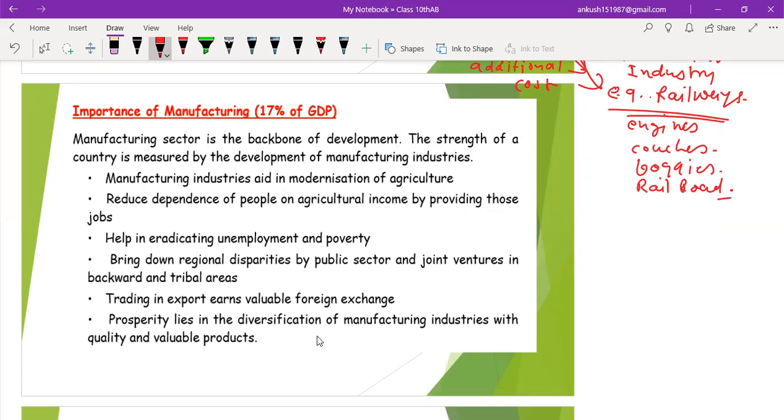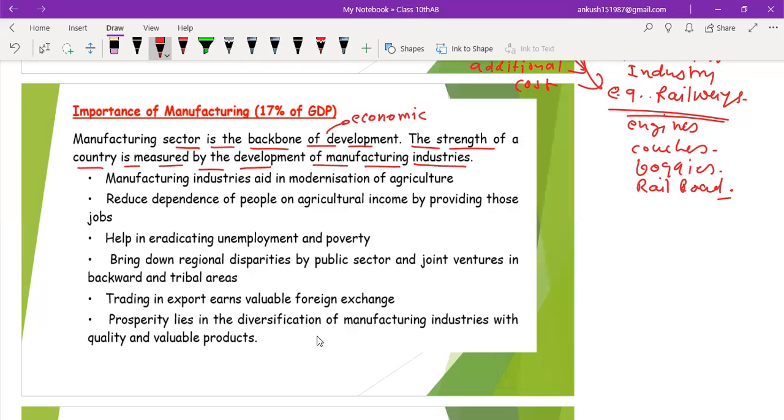So the manufacturing sector is the backbone of economic development, I must say. The strength of a country is measured by the development of its manufacturing industries.